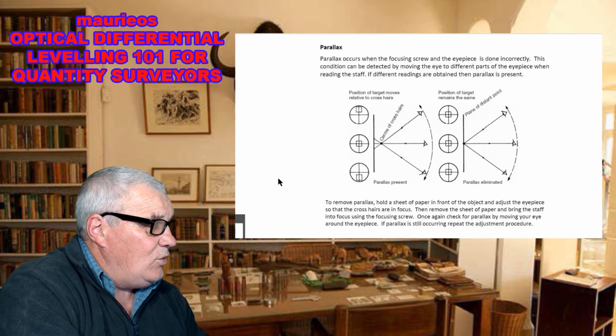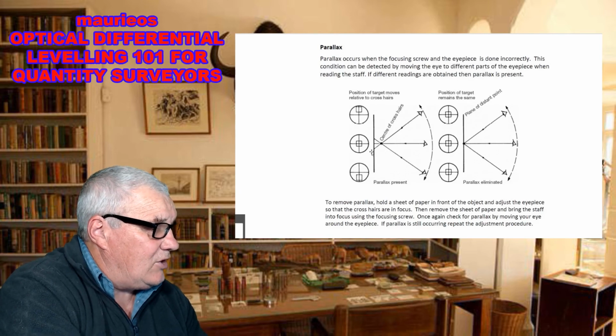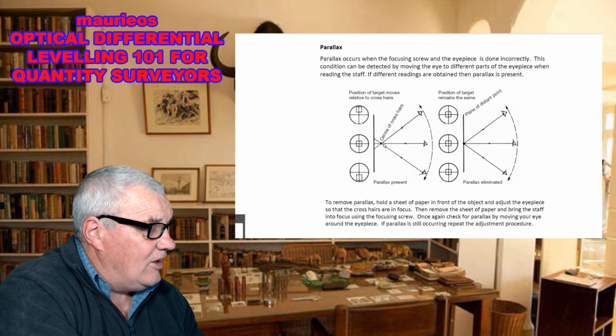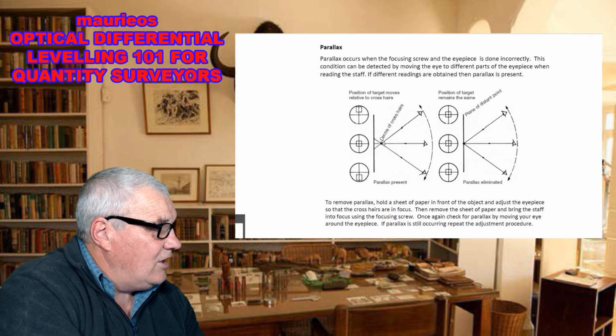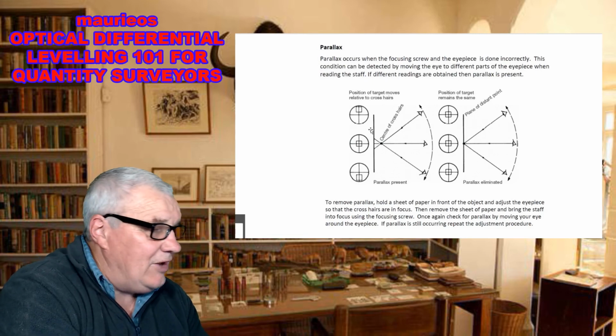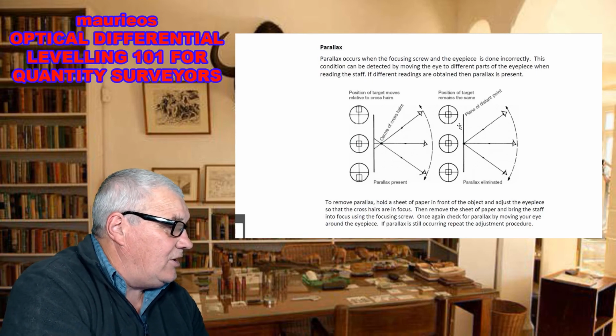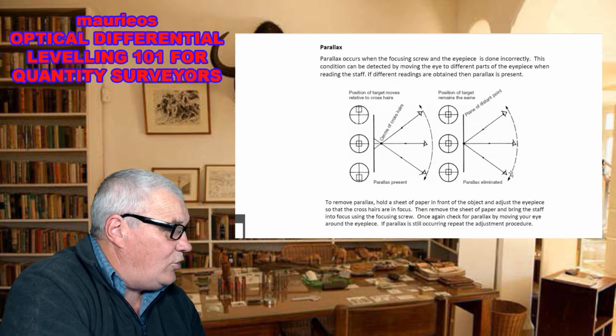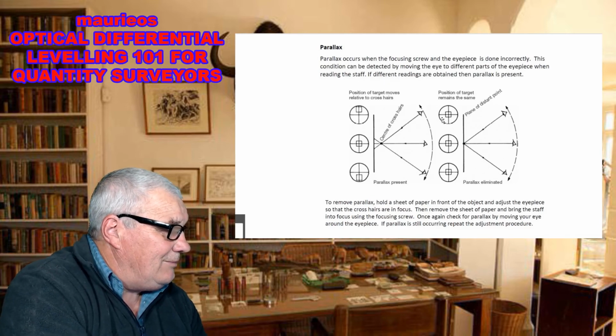If you move your eye up here, you get a lower reading, and down here you get a higher reading. This is because the center of the crosshairs is not in the plane of the distant point. So you must eliminate parallax so that no matter where you look through your eye, you will get the same reading.